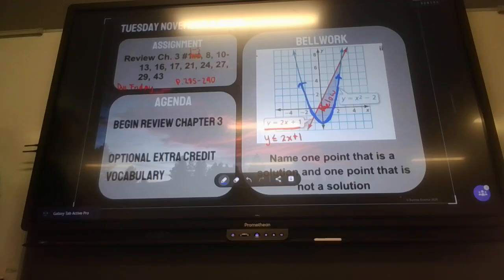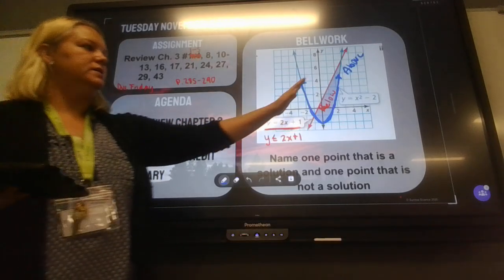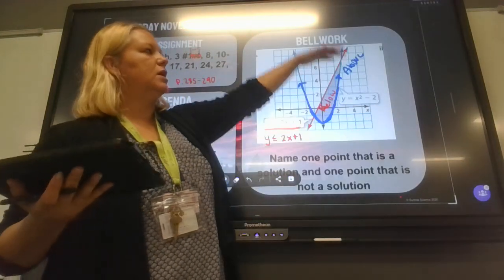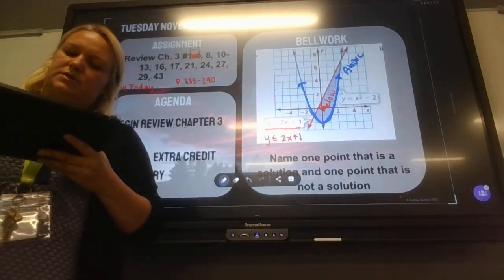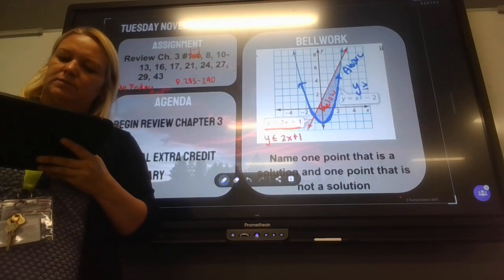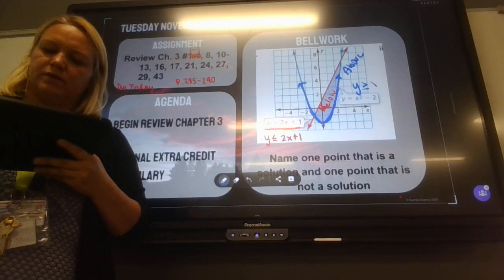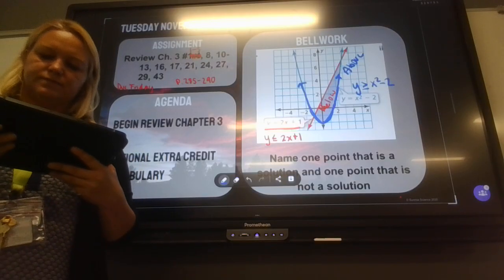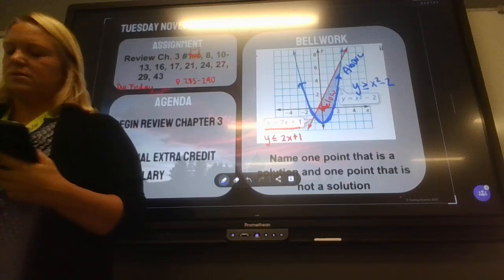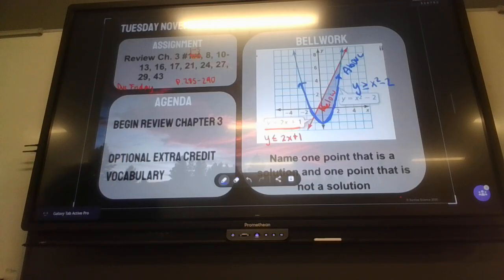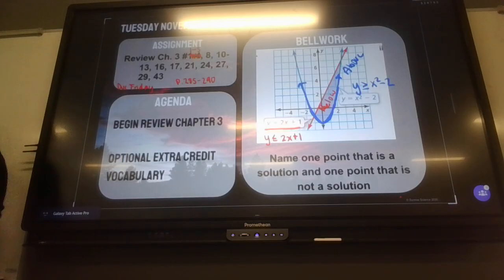It's actually shaded above the parabola. So the shading here is below the red line, but up in the parabola. So the parabola inequality symbol would be greater than or equal to x squared minus 2. So I hope you're starting to see the greater than and less than.